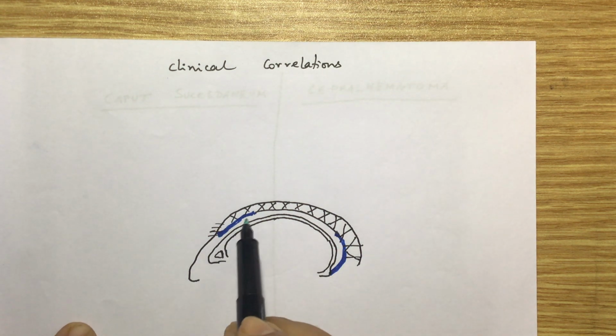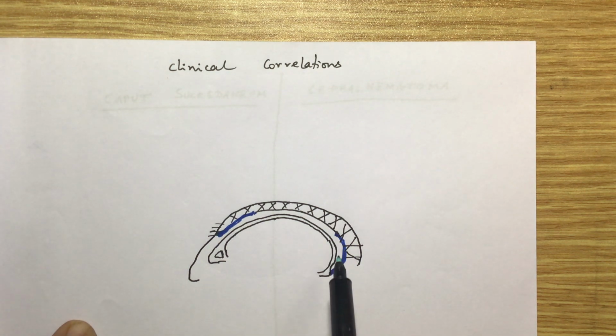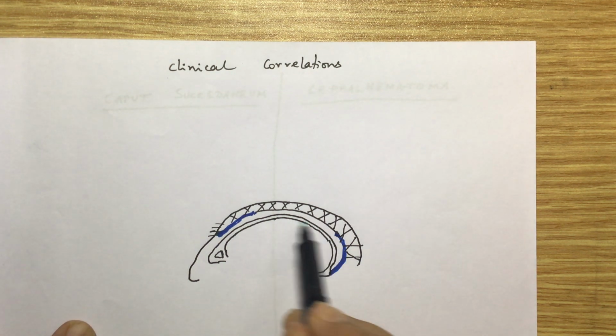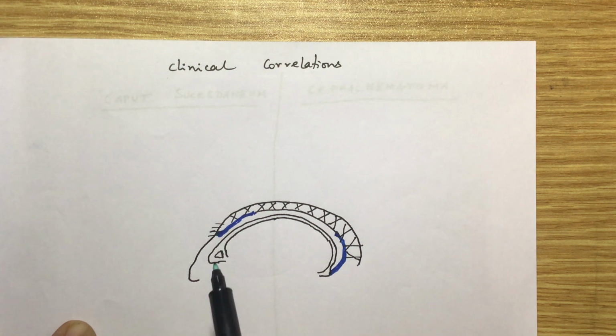But anteriorly, see, the frontal belly is not attached with any bone. Thereby, the fourth layer is continuous anteriorly with the superficial layer of that upper eyelid.